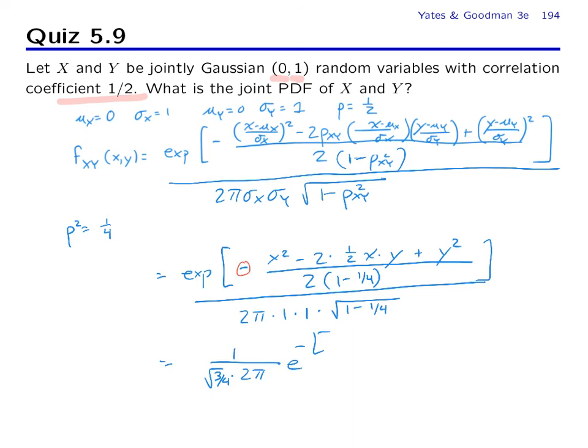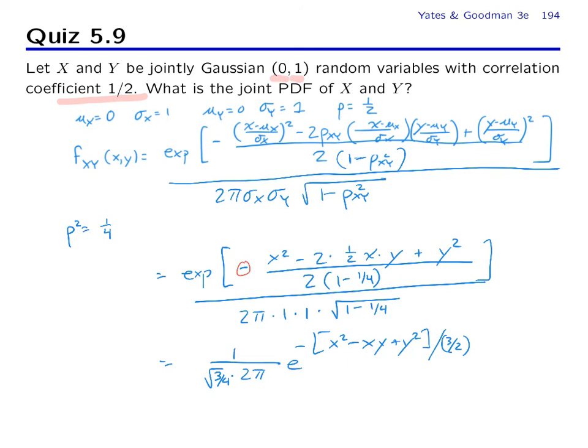So we get e to the minus x squared minus xy plus y squared. And here in the denominator of the exponent, I get 2 times 3/4, which is equal to 3/2.